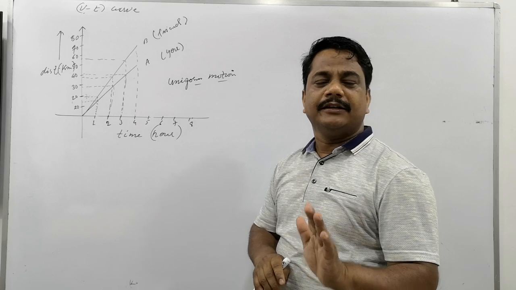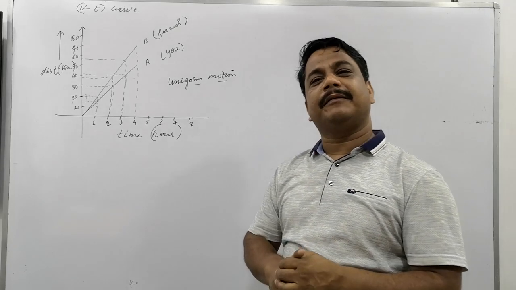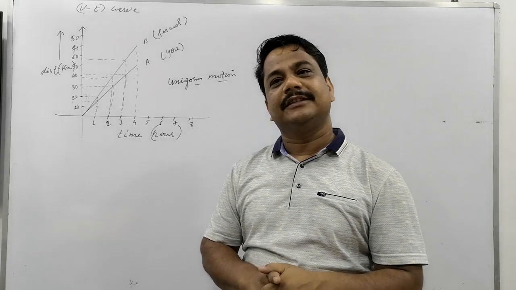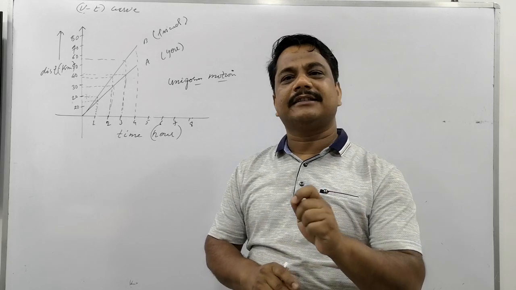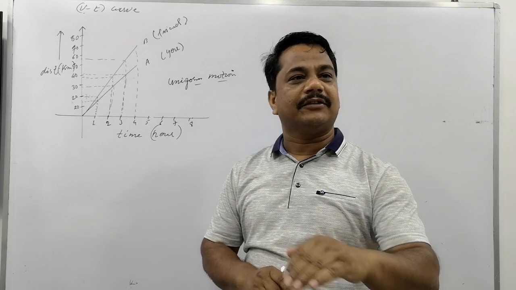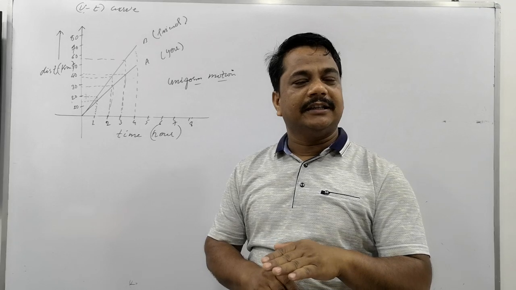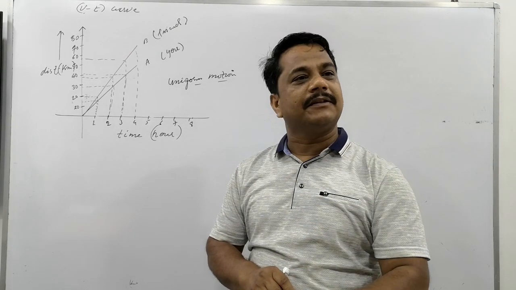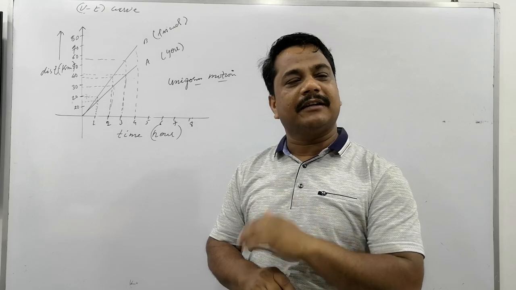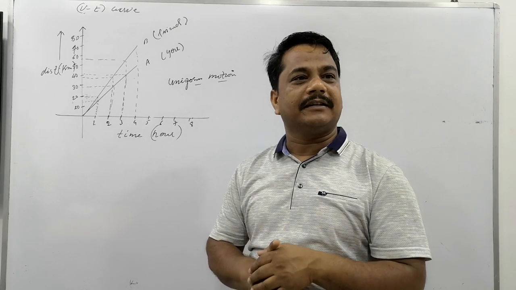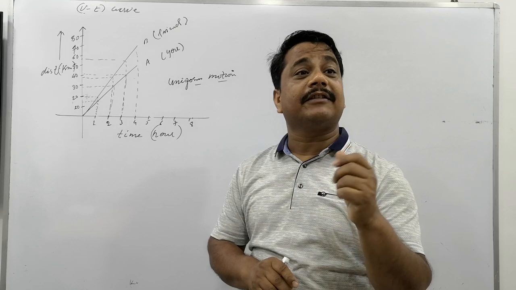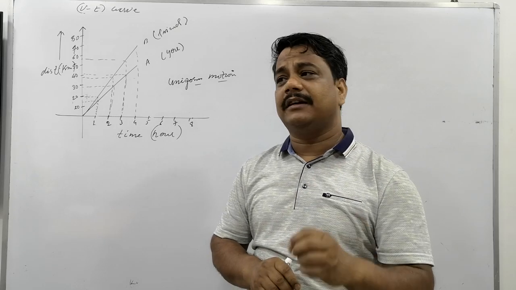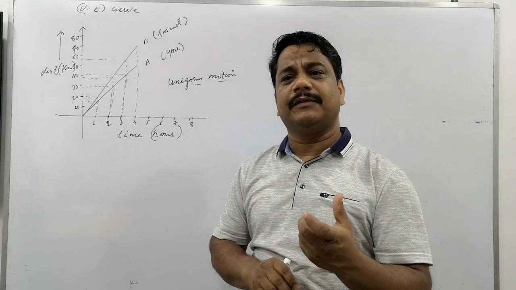Is that clear? Is it possible in practical life to travel with uniform motion? No. Why? There are some exceptions. Your road will not be ideal and smooth. There will be some bumps, some depressions, some rising portions, crowded places, and turns. In turning you cannot move with constant velocity.